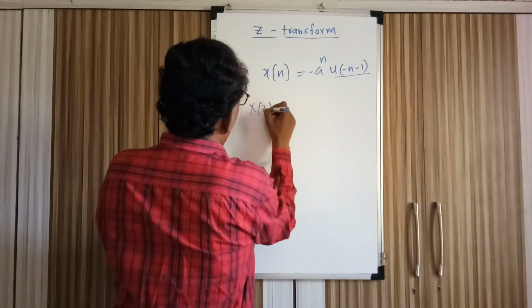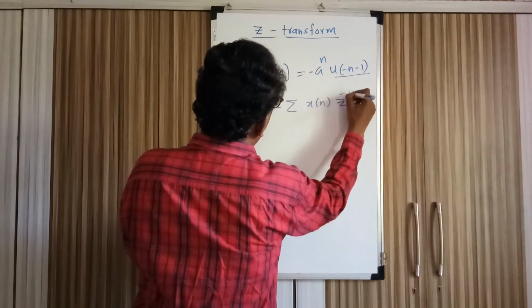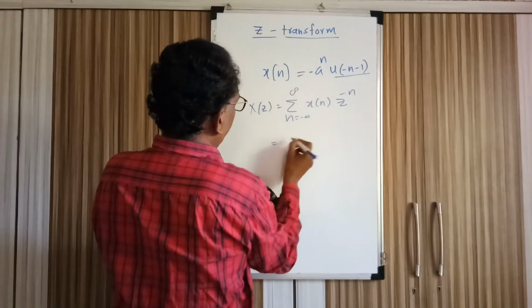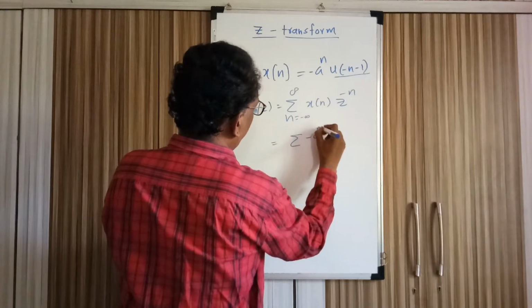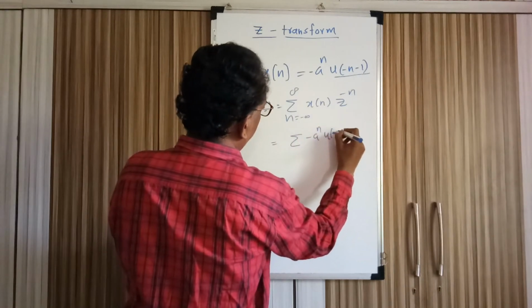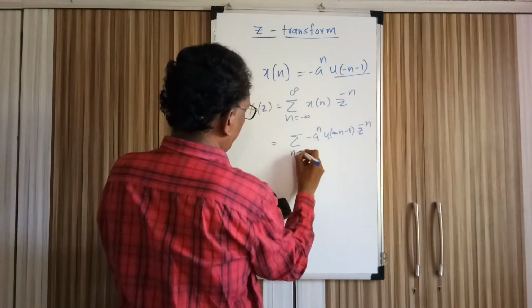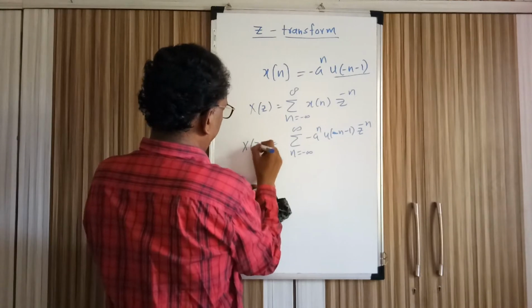So summation of x of n Z raised to minus n, n equal to minus infinity to plus infinity. X of n is given as minus a raised to n u of minus n minus 1, times Z raised to minus n, n equal to minus infinity to plus infinity. It is as per the definition of Z transform.